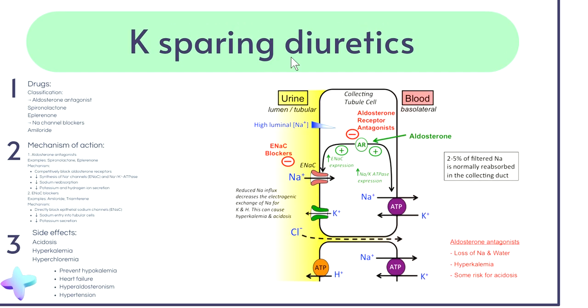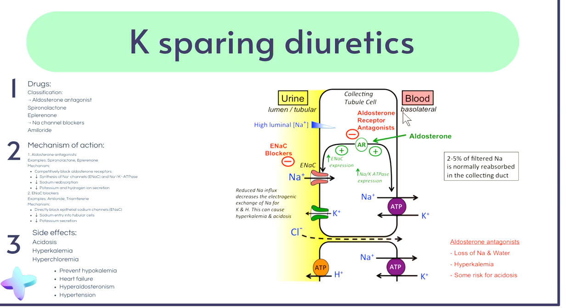And the last group of medications is potassium sparing diuretics. Here we have two groups which we have to remember. Aldosterone antagonists. This means this is a group of medications which are directly blocking the aldosterone. And the second one is sodium channel blockers, the ones which are directly blocking the sodium channel.